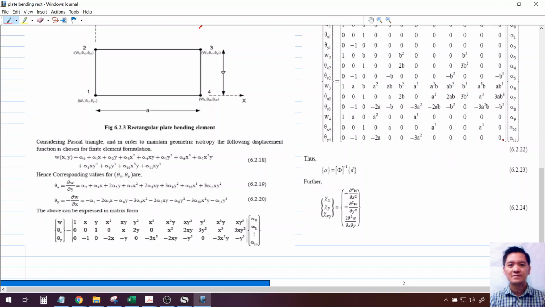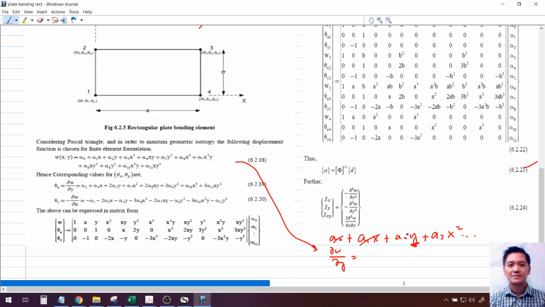Let me show how that works. Alpha naught plus alpha 1x plus alpha 2y plus alpha 3x squared. I won't complete it. So, dw dy: the constant drops out, the term with x alone is constant and drops out.